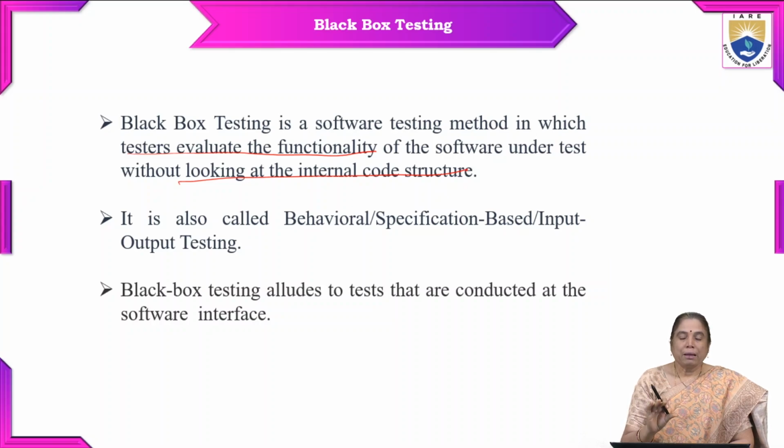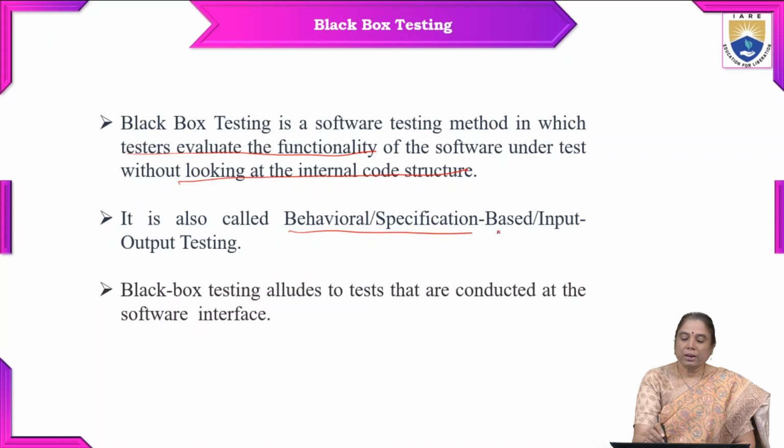The program can be treated as a black box, and the required input is supplied to the black box, and whether the expected outcome or functionality is achieved or not is verified. It is also called behavioral or specification based input output testing.